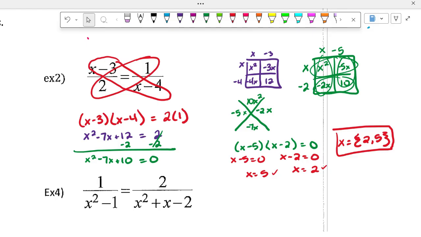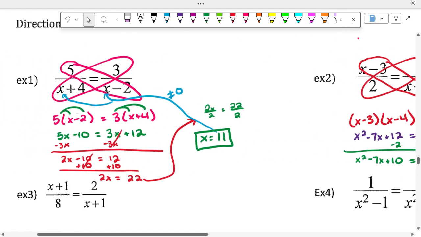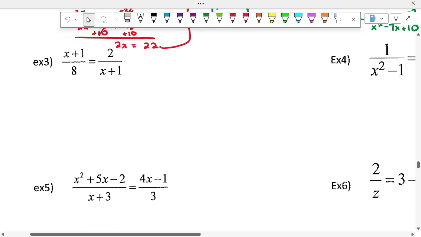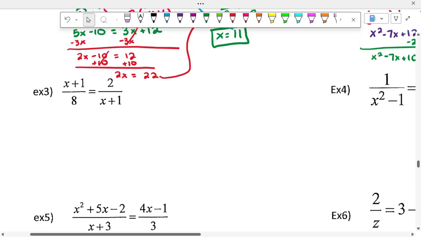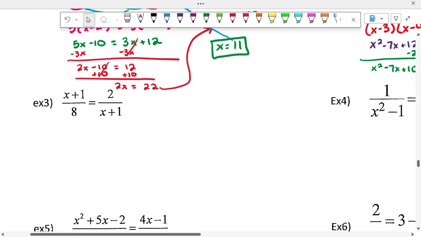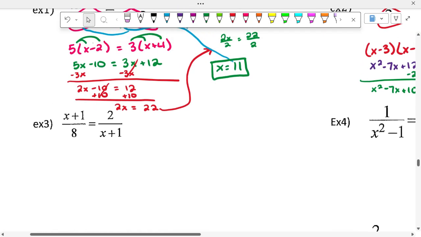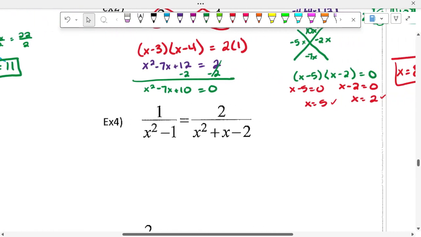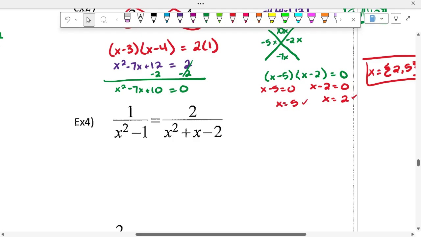All right. Let's try another one. So example 3. I don't want to do that one. Let's do example 4. So what's my first step? Cross multiply.